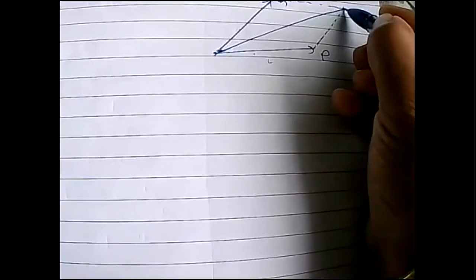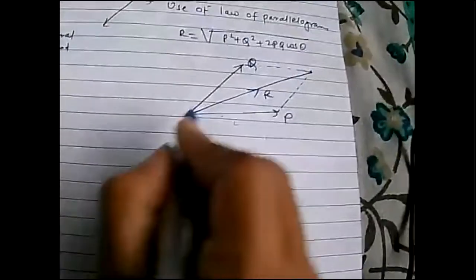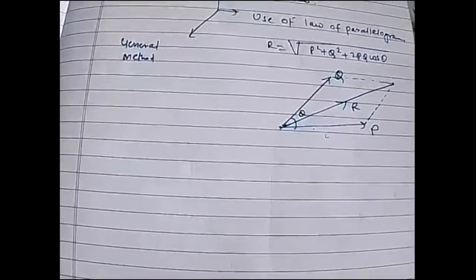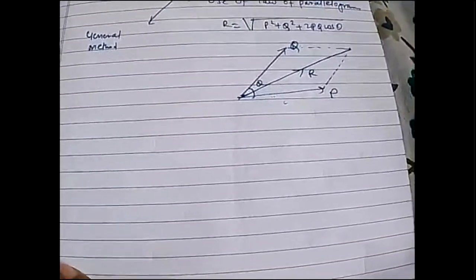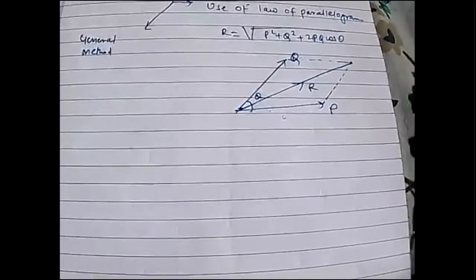Generally a horizontal force is P. If I draw a parallelogram, with one line parallel to this line and another parallel to this, then if I join these two points, this is the diagonal, which is the resultant of the given force system. The inclination between P and Q is theta, and P generally should be horizontal. It is easier to work out if we use P horizontal.